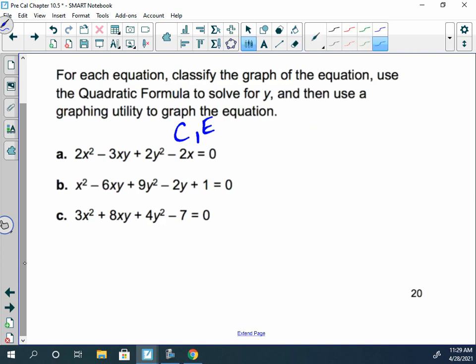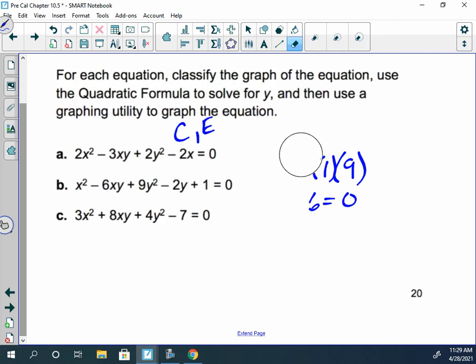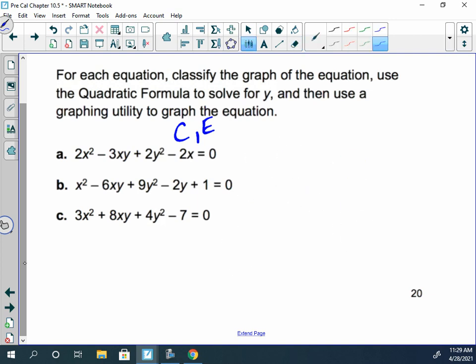So the next one, -6 squared minus 4 times 1 times 9, and this here is a parabola.